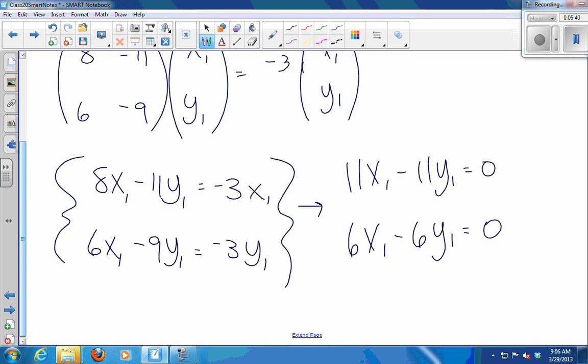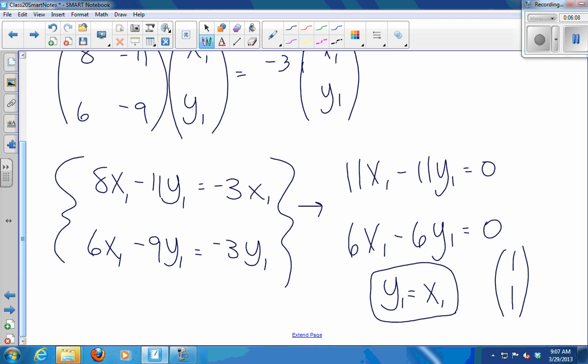All the solutions here lie on the line y1 equals x1. When x and y are equal, it solves both equations. All my eigenvectors lie on this line. For example, 1, 1 would be an eigenvector associated with lambda 1 equals negative 3.